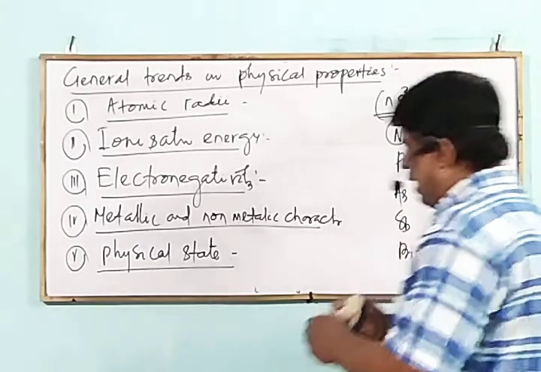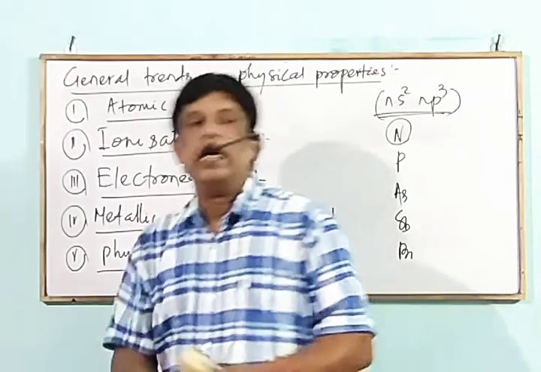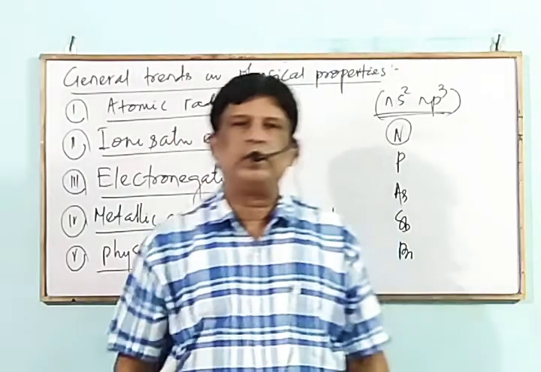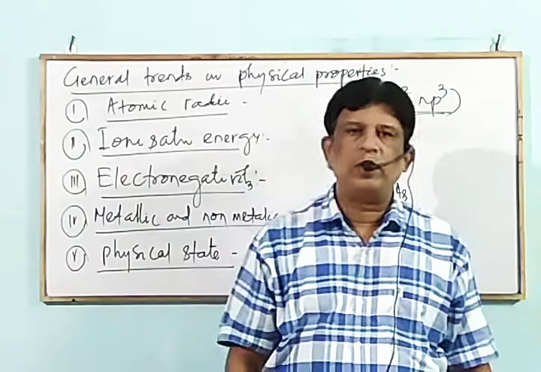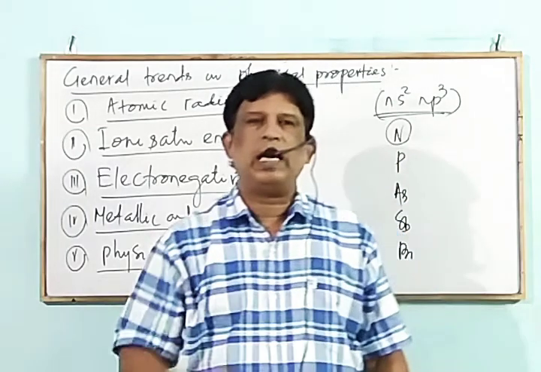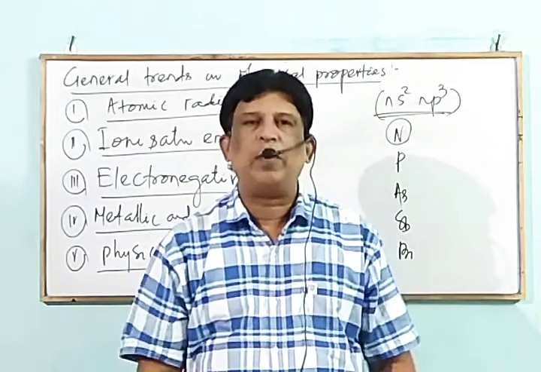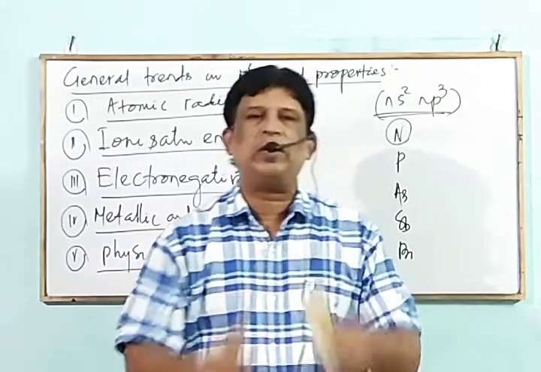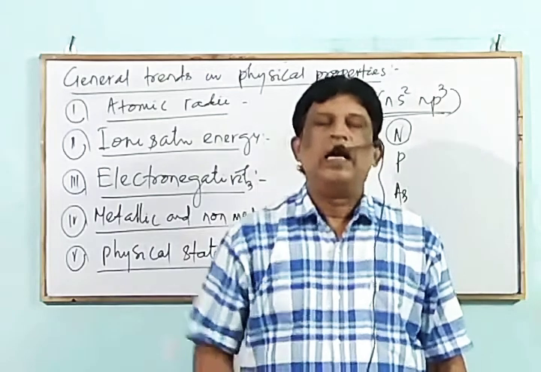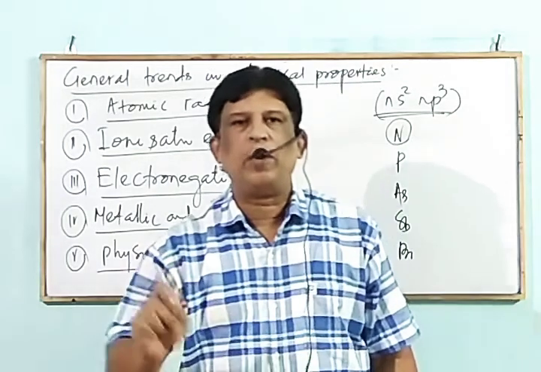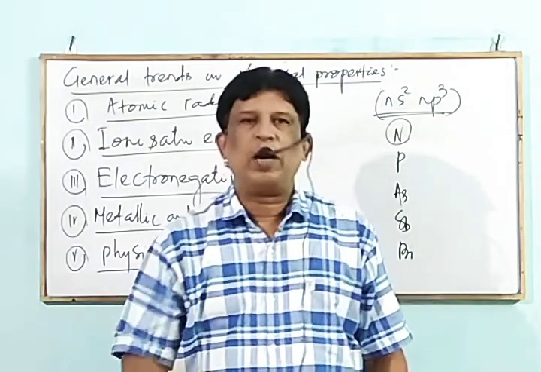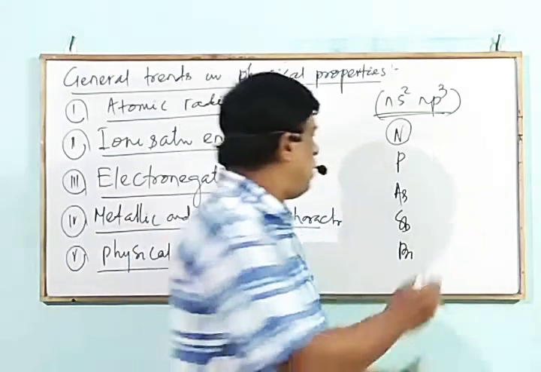First member is nitrogen. Due to its small size, there is a sidewise overlapping of p orbitals between two nitrogen atoms, resulting in the formation of p pi overlapping.